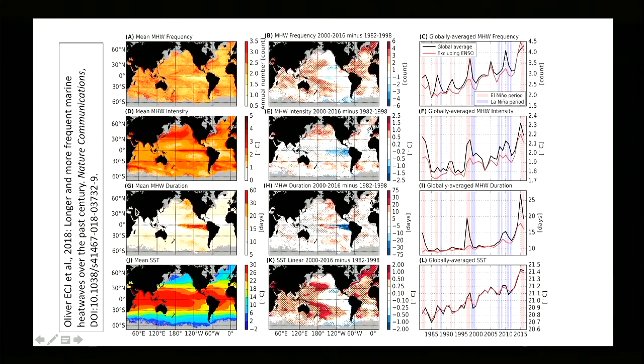There are some interesting characteristics. And then there's just broad sea surface temperature. Well, we know in the broad sea surface temperature case, we've got warm near the equator, cold towards the poles. But when we start looking at marine heat wave frequencies as averages, and intensities and duration, you can see that the frequencies here in the equatorial zone are typically low.